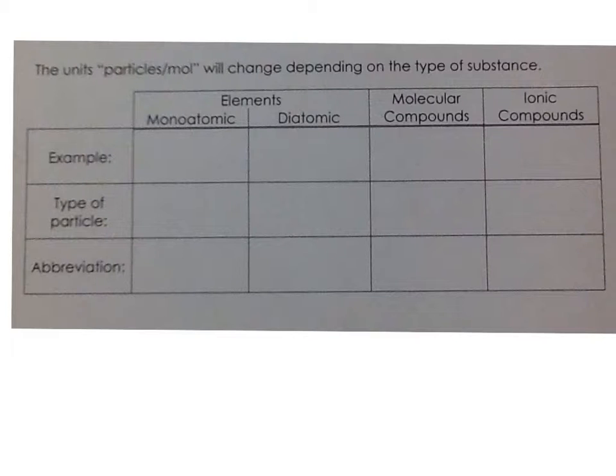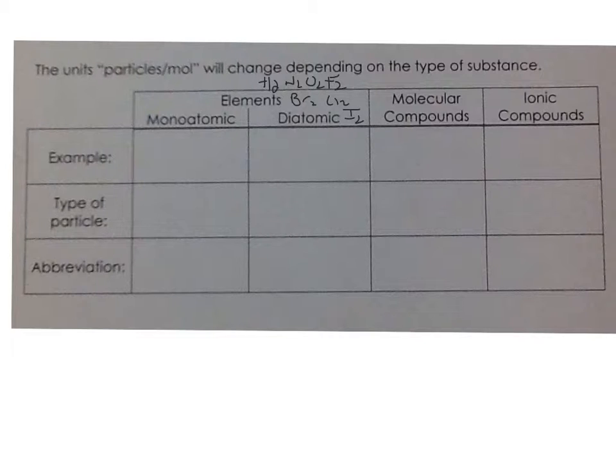So, a particle will be substituted with a different term depending on what substance you're dealing with. So, we've got two types of elements, monoatomic and diatomic. Your diatomics are H2, N2, O2, F2, Br2, Cl2, and I2.